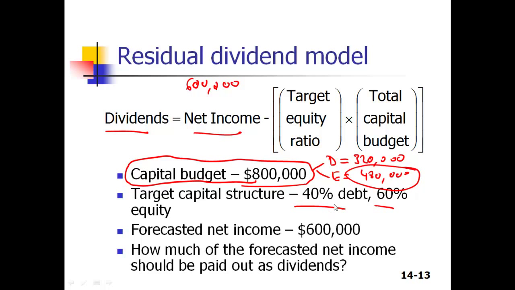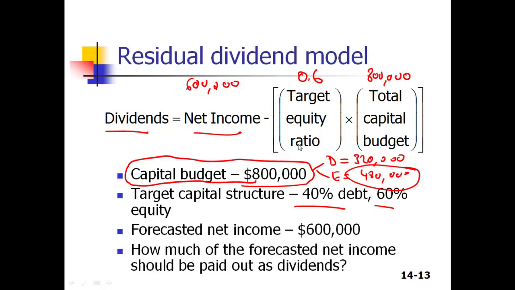Okay, but we are given this capital structure. So do you notice what we are doing here? The target equity ratio in my example is 60%, multiplied by total capital budget.